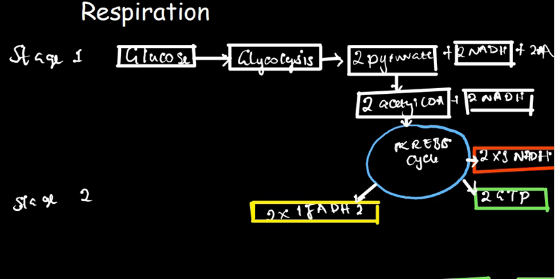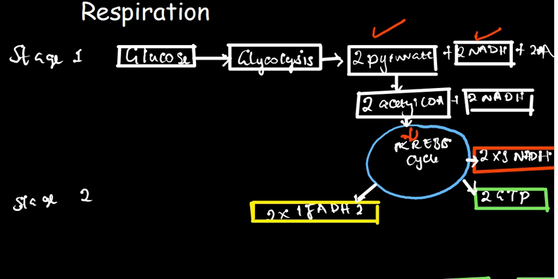The end product gives us two pyruvate molecules, and there's formation of two NADH molecules. Pyruvate can also undergo an oxidation reaction to form acetyl CoA, which then enters into the Krebs cycle, commonly known as the citric acid cycle.